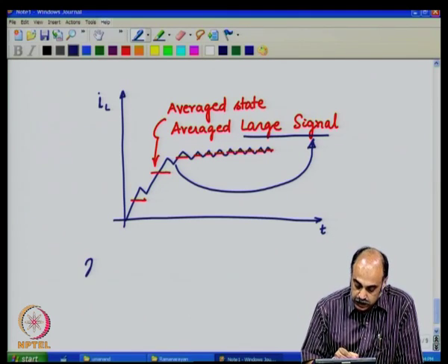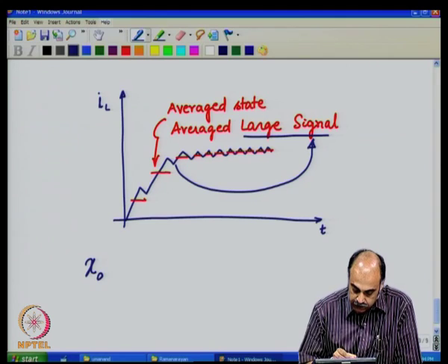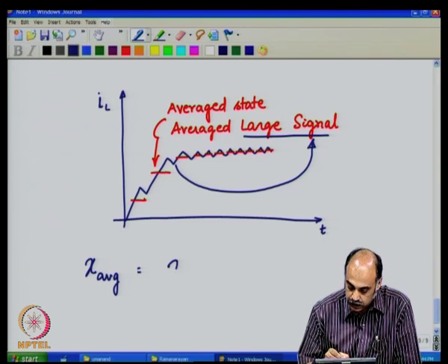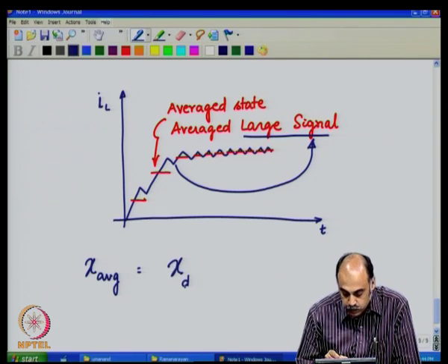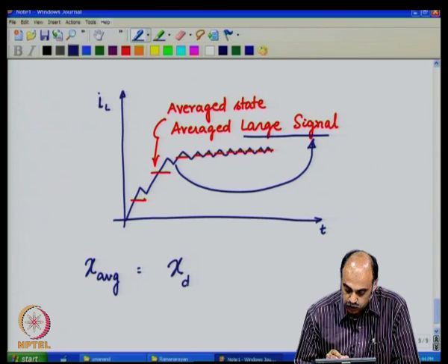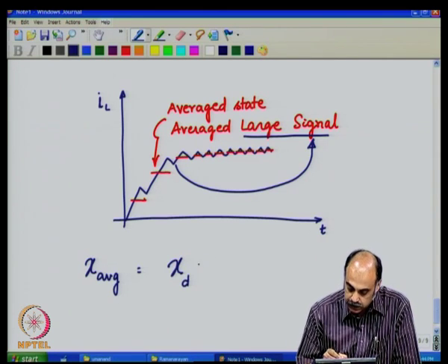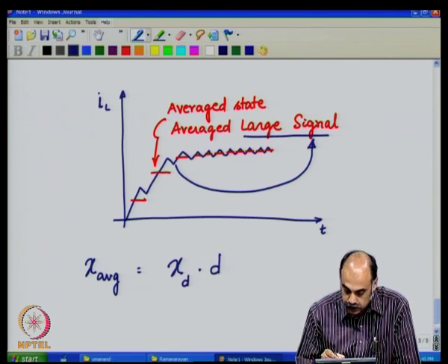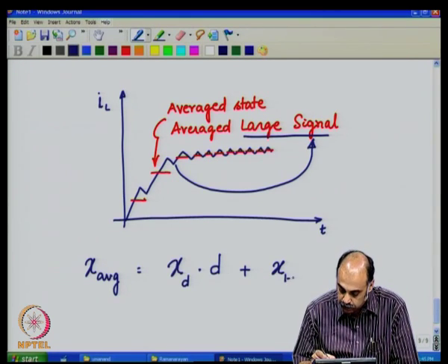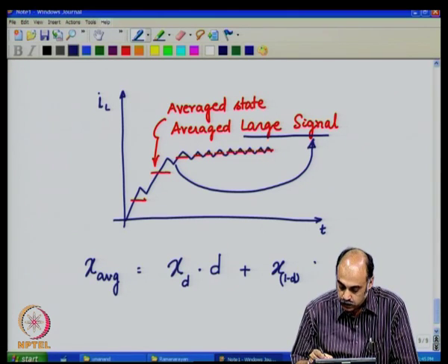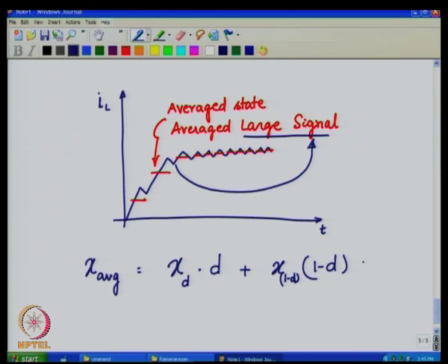Thus, any state, if we take, the averaged value is nothing but x, the state during the period d, I am indicating now small d, we will explain why small d later on, during the period d into d plus x during the period 1 minus d into 1 minus d. This would become the averaged state within a period, and this is called the averaged large signal state model.